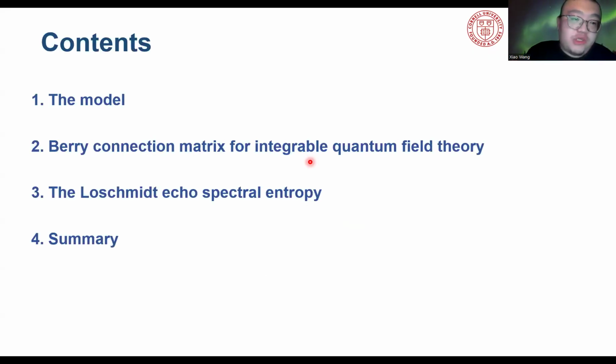The contents will be: first of all, I will introduce the model, and then I will talk about how to solve the Berry connection matrix element and its property in the integrable quantum field theory. And then I will show you a new quantity, Loschmidt echo spectral entropy, to characterize the many-body non-tunneling process. And finally, I will give a summary.